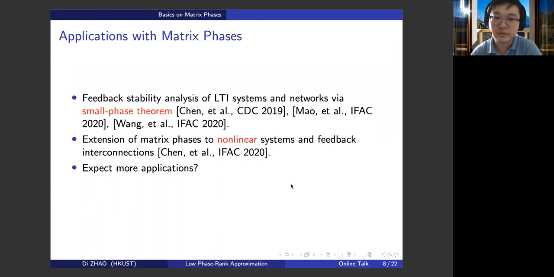Then we use that phase excess as our phase index, for example, and by comparing the phase excess or phase leakage of systems G and H in a closed loop, we get the feedback stability.